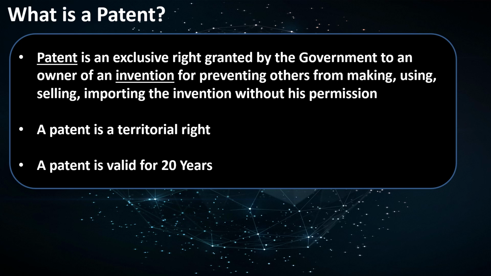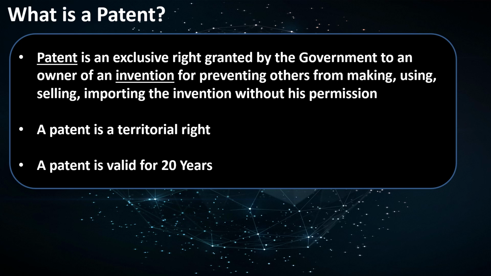Now what that means is, whenever an invention is to be protected, the inventor has to make sure that they file a specific patent application in the country where he or she wants to protect the invention, because there is no patent known as a global patent or a worldwide patent.